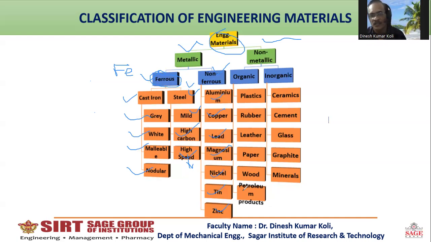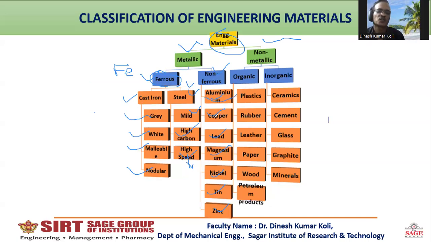It has the maximum percentage, but we add some percentage of copper because duralumin is used for making components or parts of aircraft. So it should be lighter, but it should be strong also. Aluminum is not so strong, but copper is strong. But aluminum is lighter. So being light as well as strong is the required property for making components of aircraft. So we use aluminum alloys.